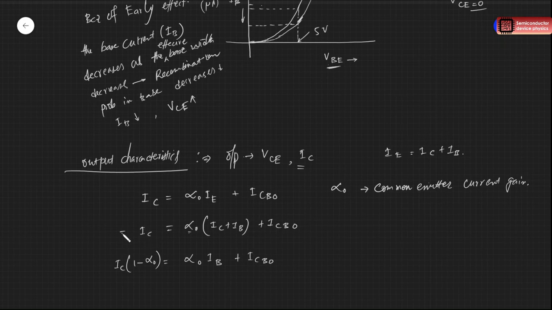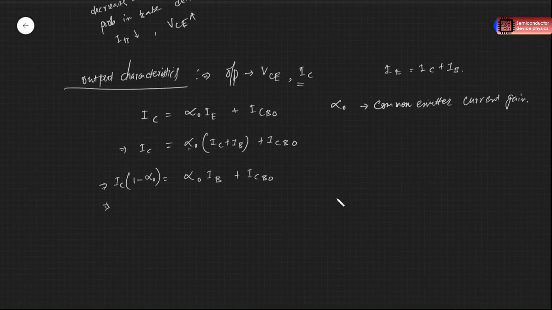So IC equals alpha naught by (1 minus alpha naught) into IB plus ICBO by (1 minus alpha naught). Let's name this equation 1.